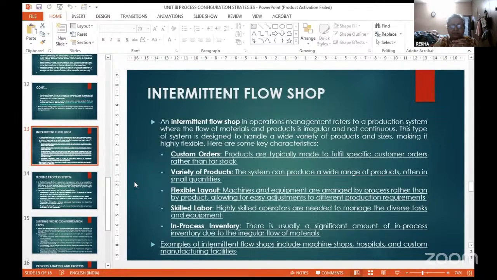Examples of intermittent flow shops include machine shops, hospitals, and custom manufacturing facilities. For example, in hospitals, there can be some pandemic. Recently, when we had COVID-19, naturally there was high demand by the customers, who were patients.